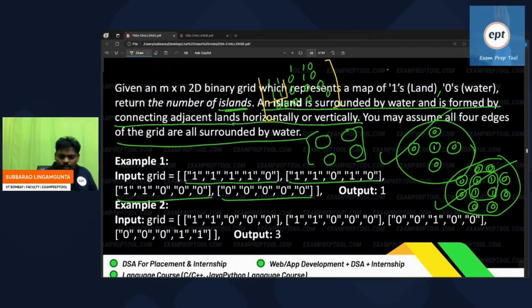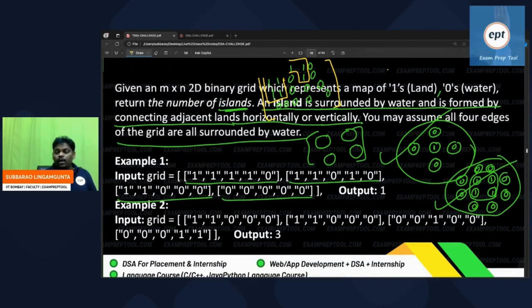Let's see how many islands are there. If you observe clearly, can I say this entire thing is one island? Is it one island? Check. All around it, if you see, there are only zeros.